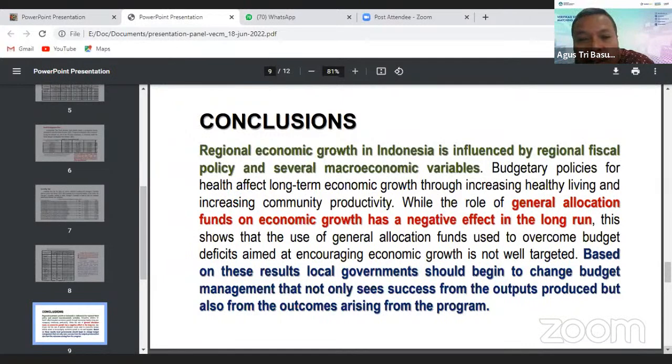Well, the role of the general allocation fund. Do you know the general allocation fund?